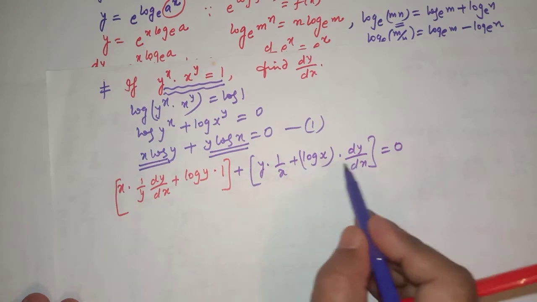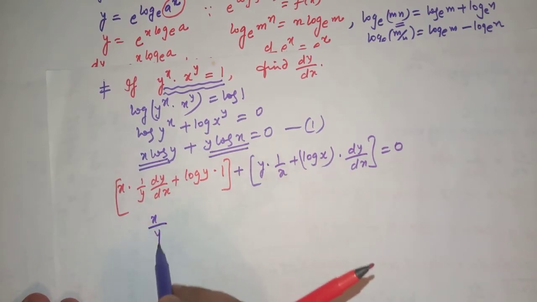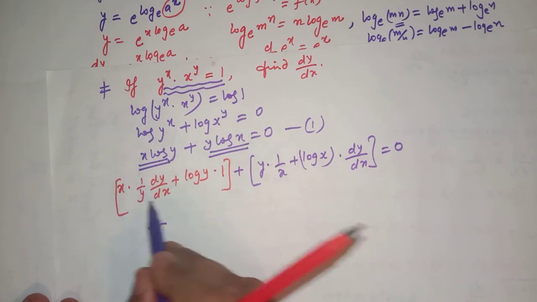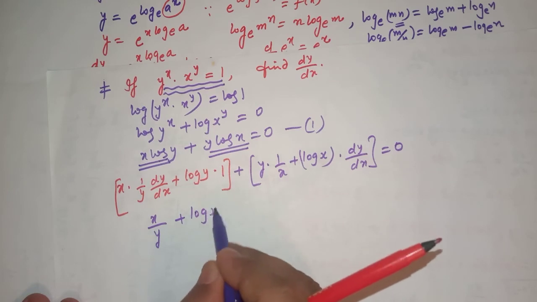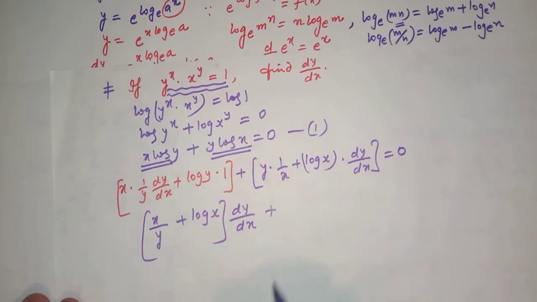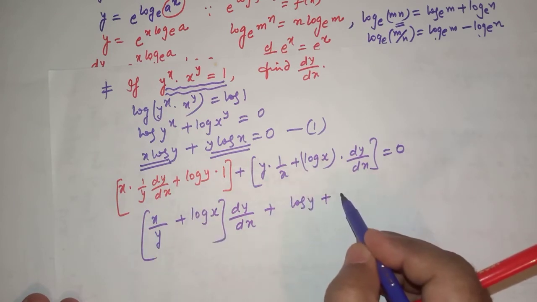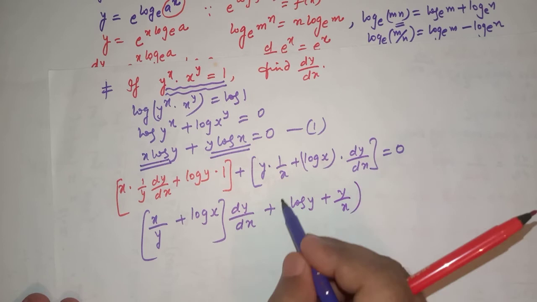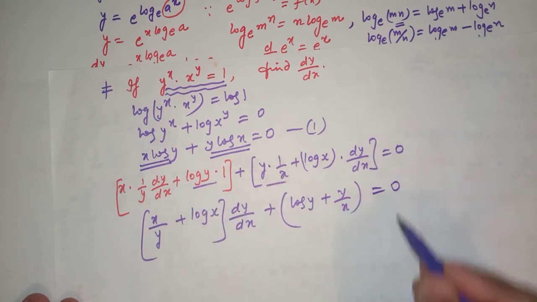Now we'll collect the terms containing dy by dx. So here we have x over y and here we have log x, clear, and dy over dx, plus here we have log y, this is plus y over x, this term and this term equal to 0.